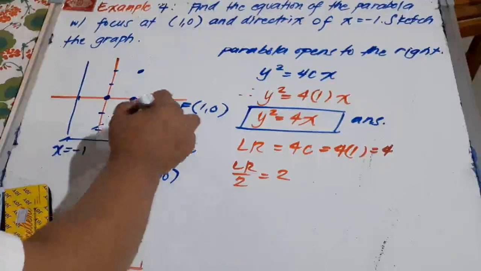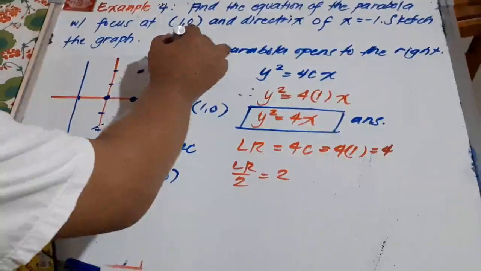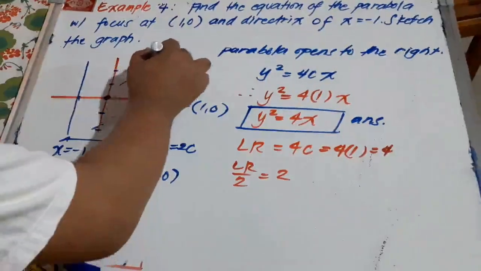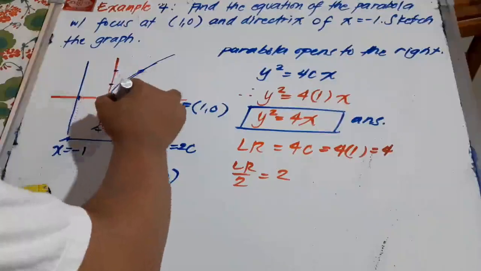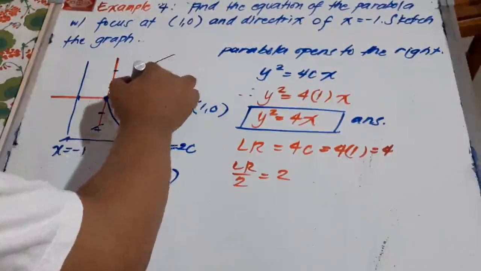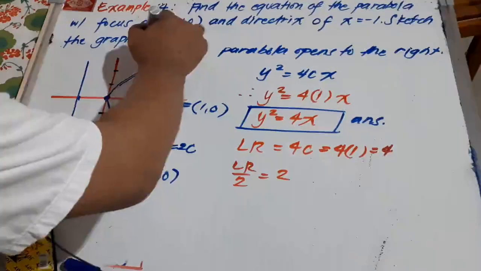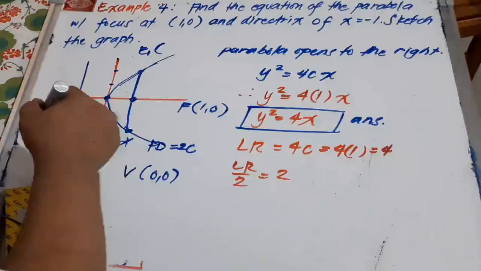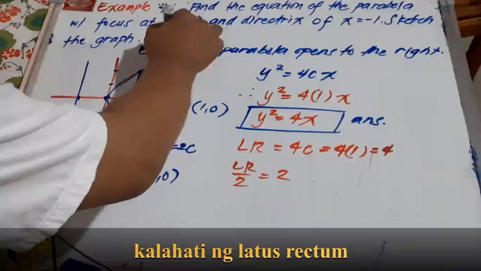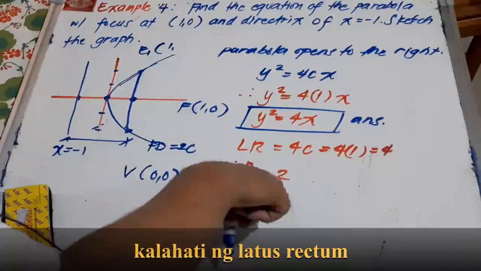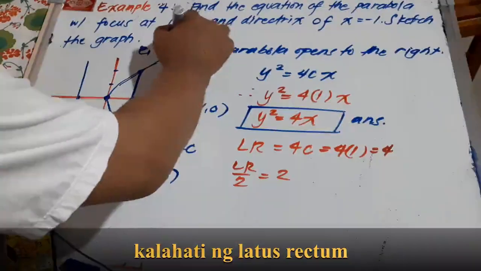Okay, ito. So, ito yung ating graph ng ating parabola. Ito yung ating latus rectum, equivalent to 4 units. So, ang aking endpoints ng parabola is 1. Kalahati ng parabola is 2 units. So, 1, 2.